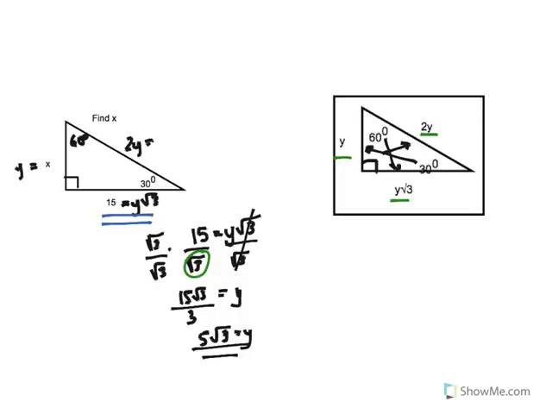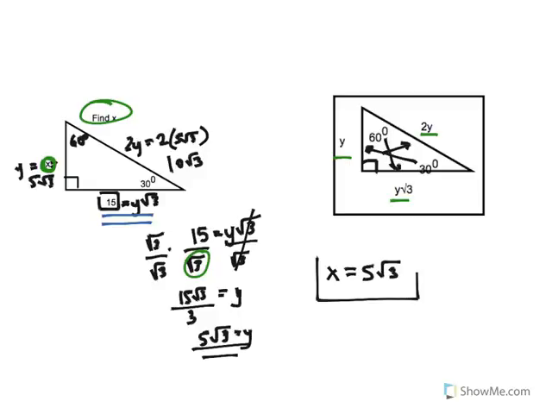This side becomes 2 times 5 square root of 3, or 10 square root of 3. This side becomes 5 square root of 3, and this side remains 15 as they gave it to me. Now I solve. Find x. X is here. It's on the side that's 5 square root of 3. X equals 5 square root of 3.